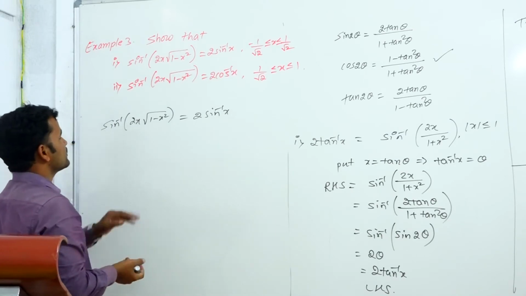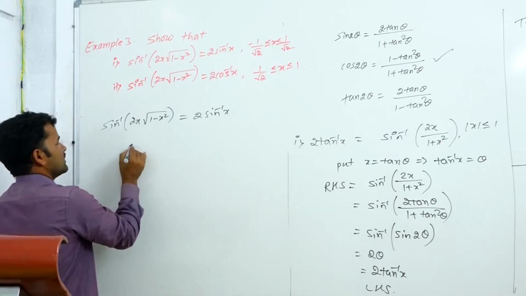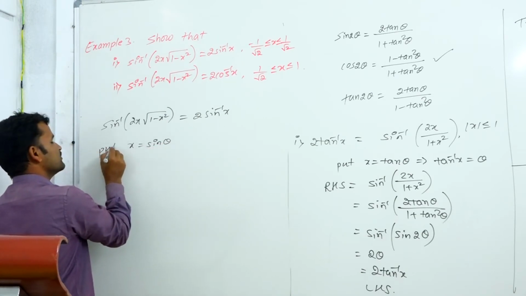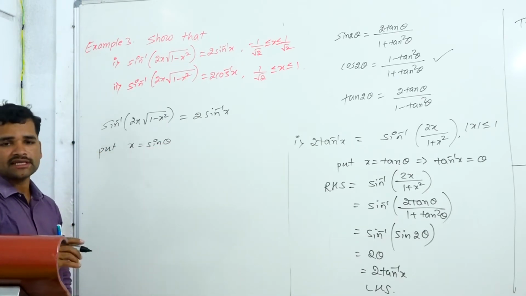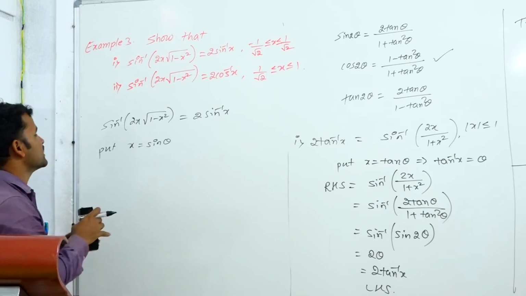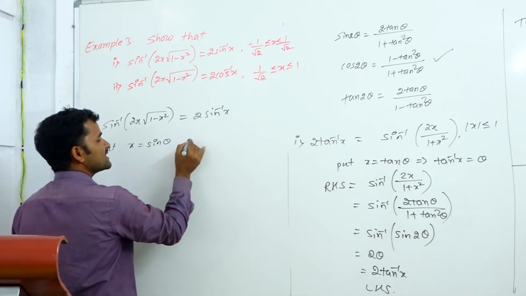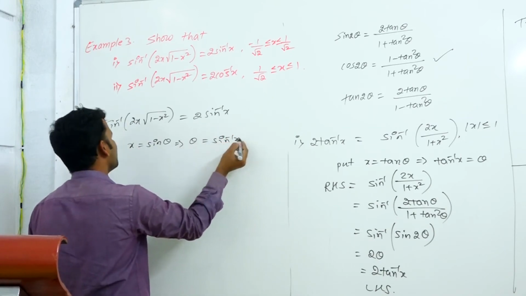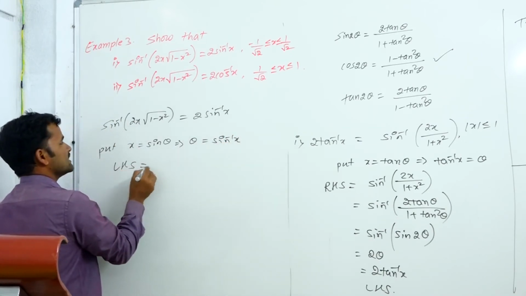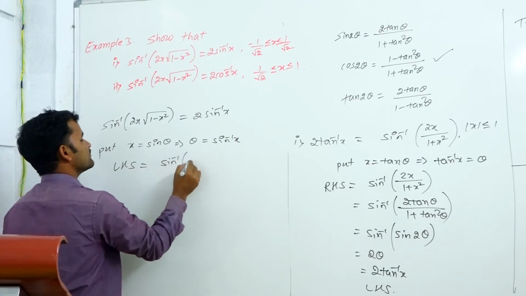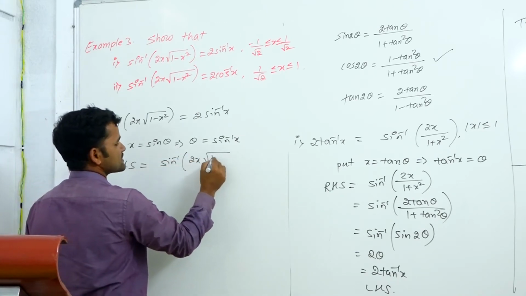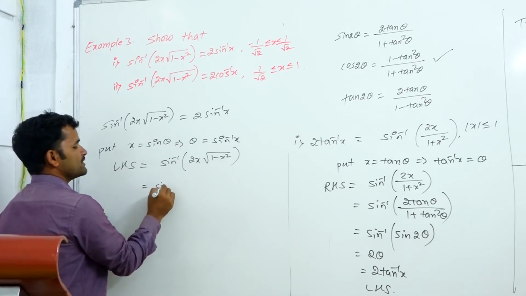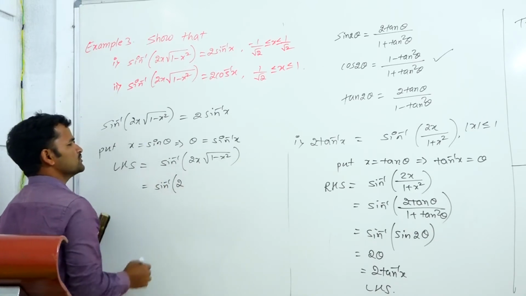Very simple here. You substitute x is equal to sine theta. What you do? You substitute x is equal to sine theta in the LHS. And x is equal to sine theta implies theta is equal to sine inverse of x. LHS is equal to sine inverse of 2x into square root of 1 minus x square, sine inverse of 2 into, what is x?